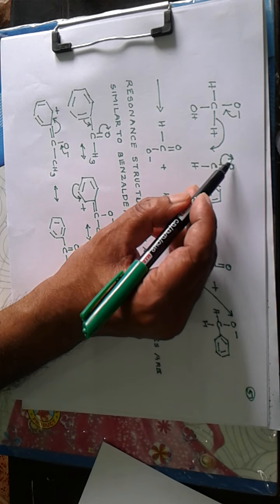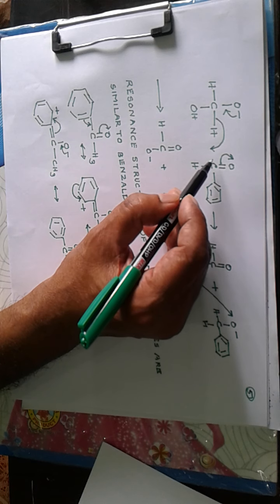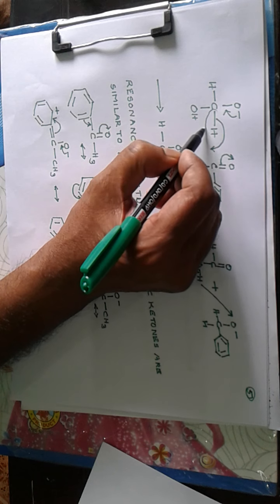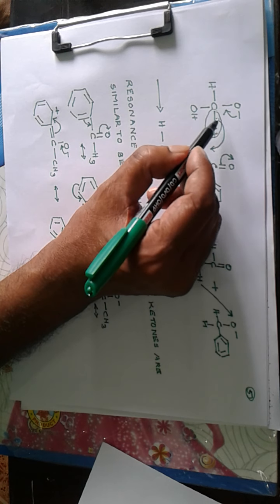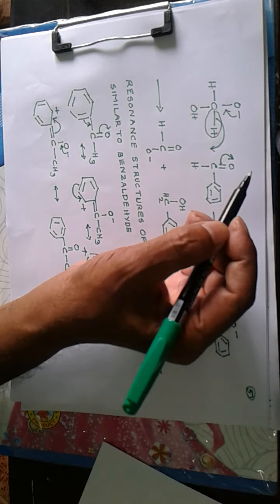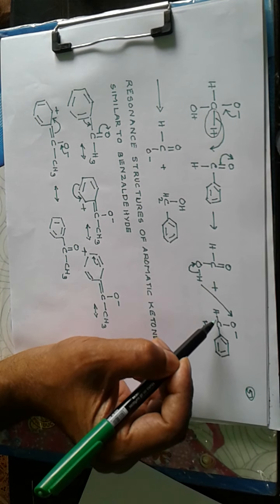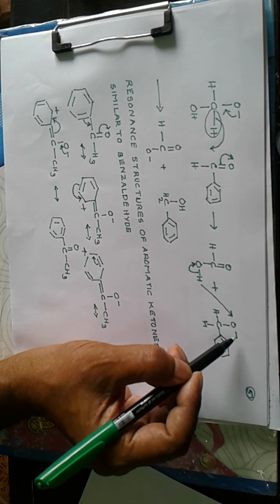Then the benzaldehyde molecule comes in the scene. The CO bond polarizes the positive charge of carbon. Here H has H negative, that is important. A hydride ion is being shifted towards the carbon, neutralizing its positive charge, and we get CH bond, O negative.